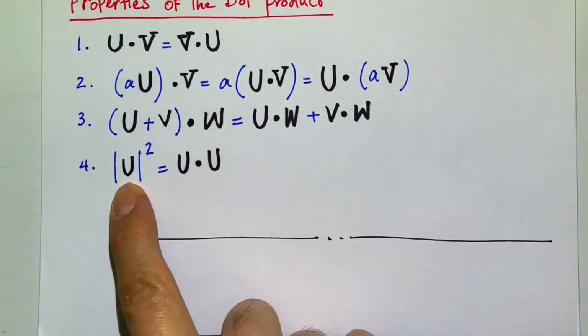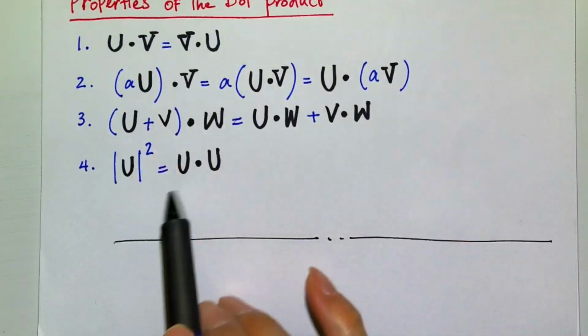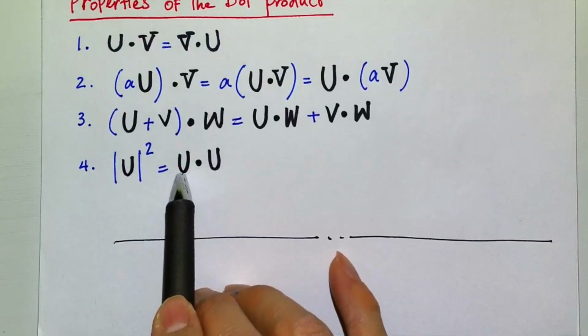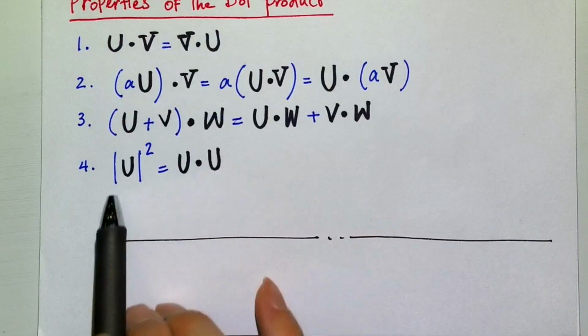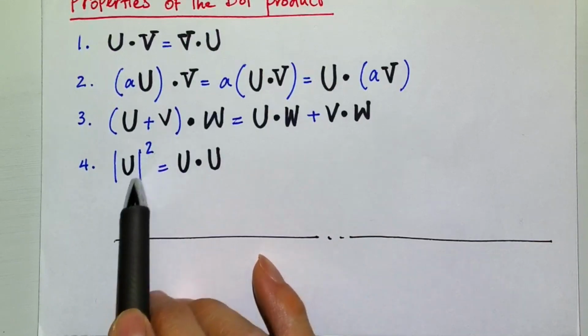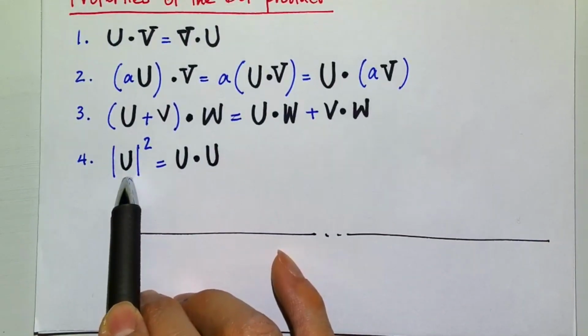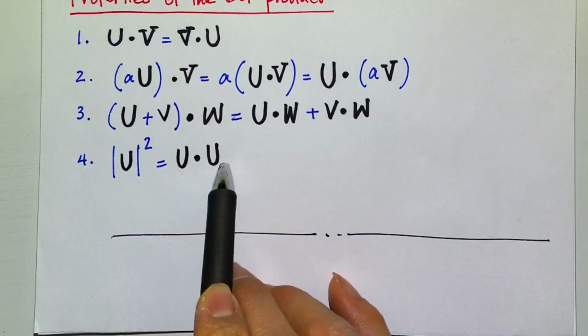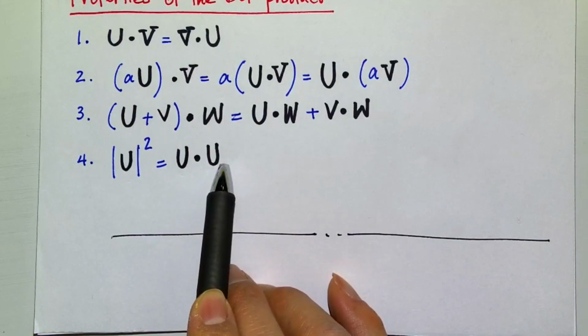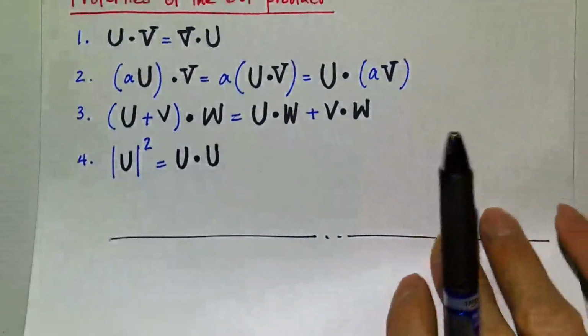And if you square that, it's as if you're taking the dot product of the vector by itself. It's the same result. Okay? So once again, if you square the magnitude of any vector, it's the same thing as if taking the dot product of that vector by itself. It's the same thing. Okay?